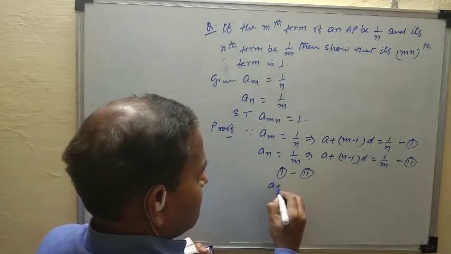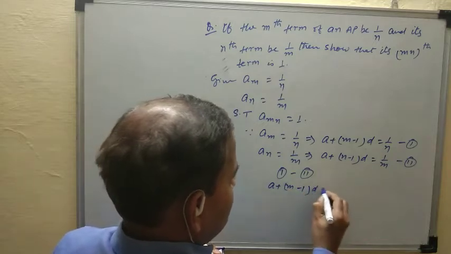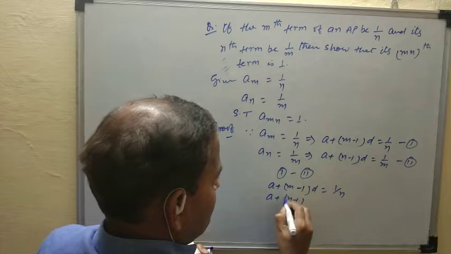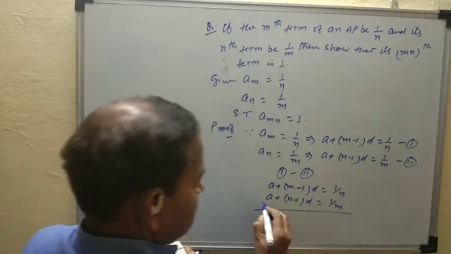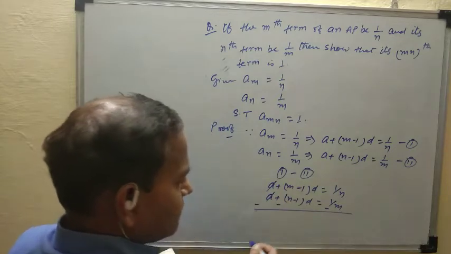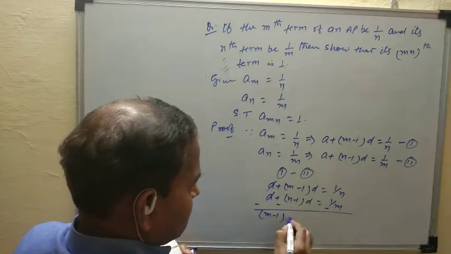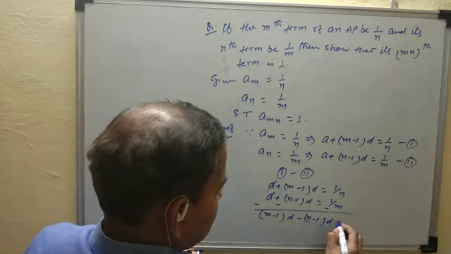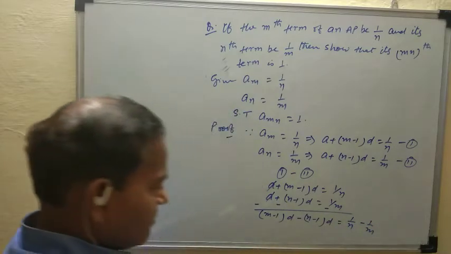So first is a plus m minus 1 into d is equal to 1 by n, and a plus n minus 1 into d is equal to 1 by m. Now subtract, sign minus, minus, minus, this term cancels. Now taking these two terms, so m minus 1 into d minus n minus 1 into d, this is equal to 1 by n minus 1 by m.